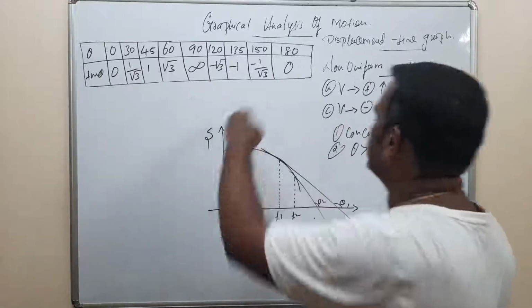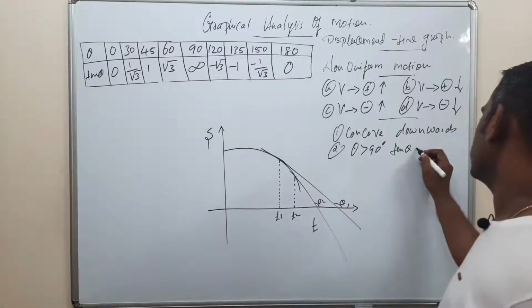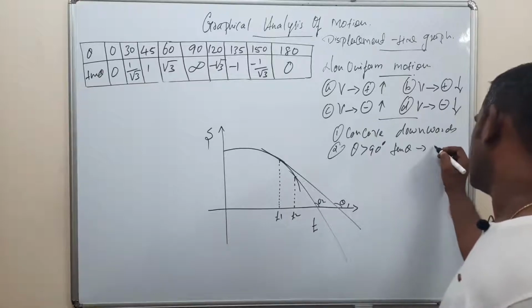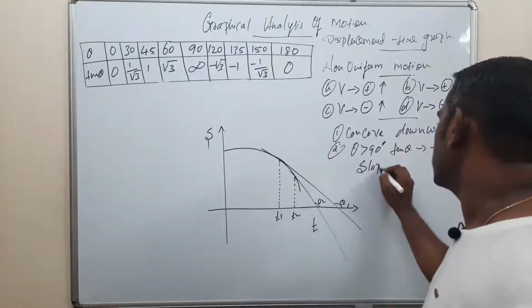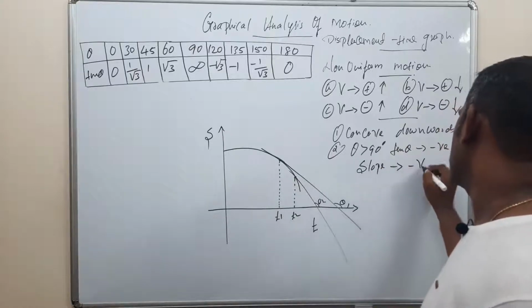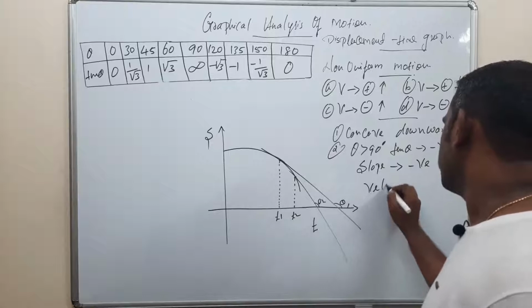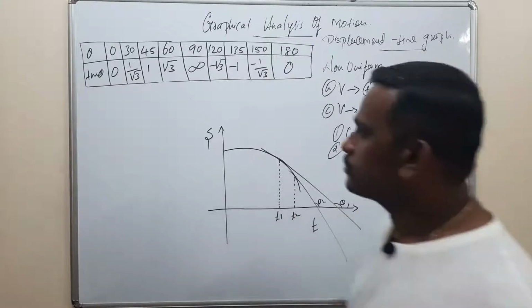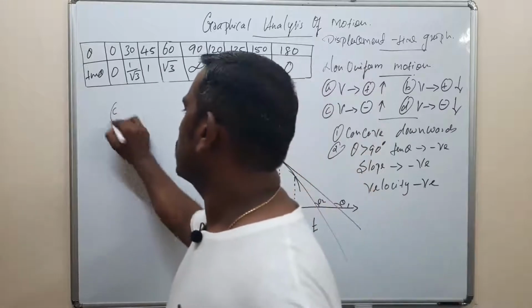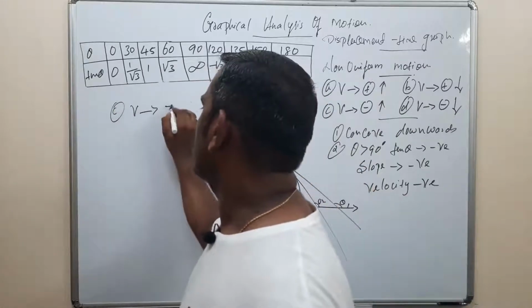So greater than 90 degrees means tan theta is negative. Tan theta negative means slope negative. Slope negative means velocity negative. So velocity is negative.